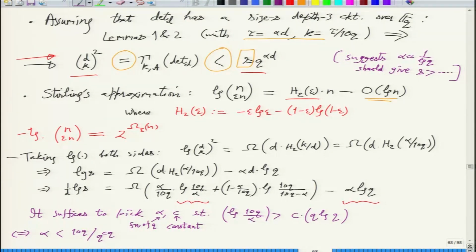So it's an equivalent inequality, and so that fixes your alpha as a function of q only. And once alpha is fixed, that fixes your tau, and once tau is fixed, it fixes your k, right? So all the parameters are fixed.